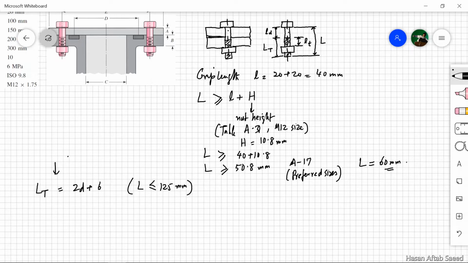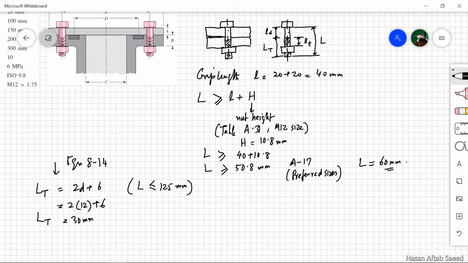By the way, this is equation 8-14. So put in the values: this is M12, so D is 12, 2D plus 6 is 30 millimeters. So LT turns out to be 30 millimeters.